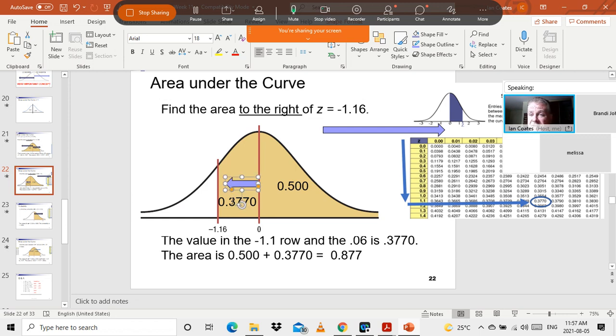What would that percentage be? Easy peasy, 34%, right? But it's a little beyond the first standard deviation, so it'll be a little bit more than the 34%, which is 37. But anyway, there we go. You add this guy up, you add this guy up, and you get 87.7%. Okay, so that's how that one works.